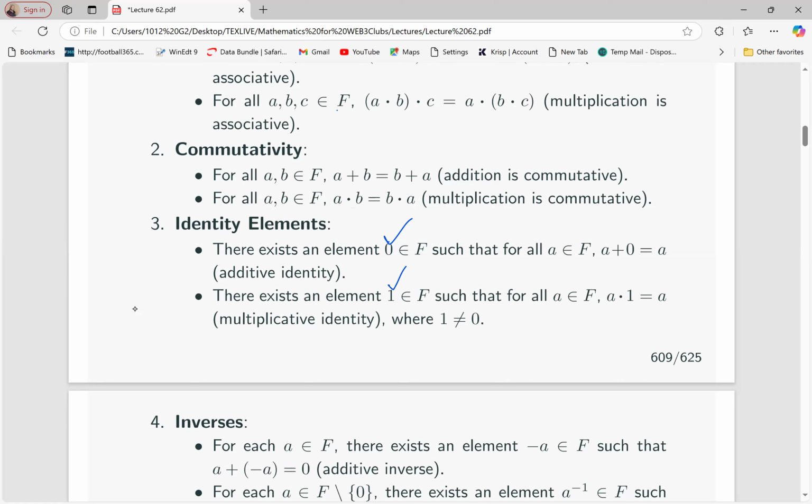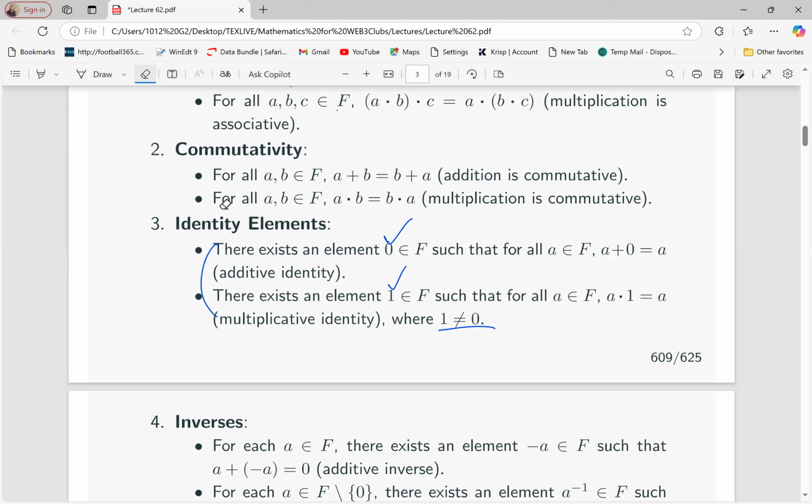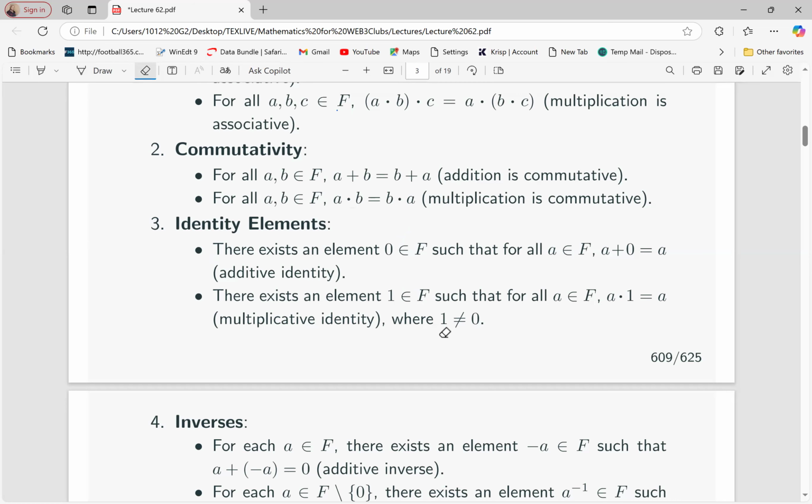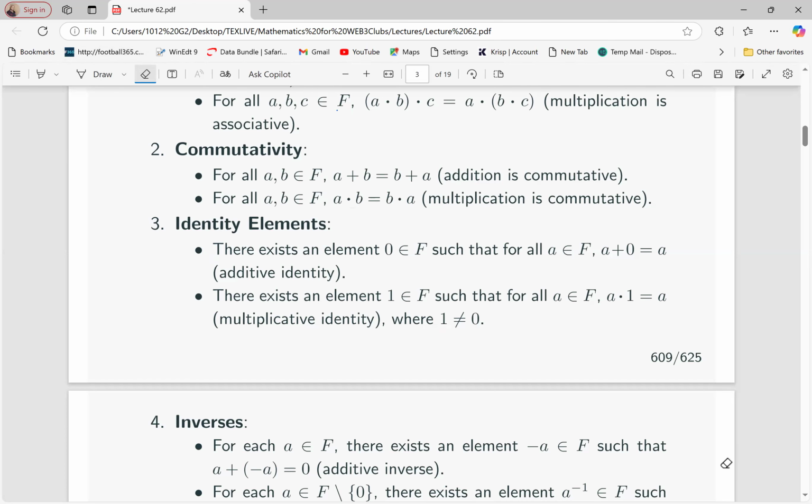And these two identity elements should not be equal. So that is another property that it must fulfill.